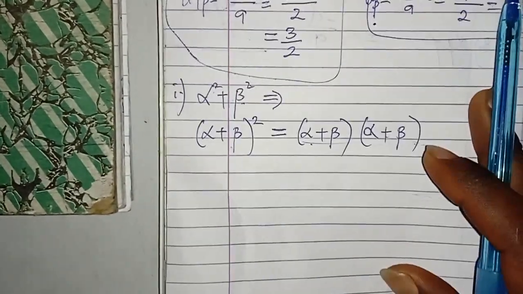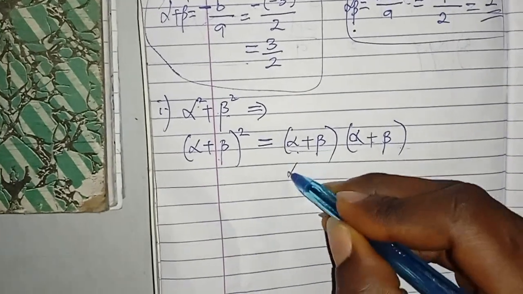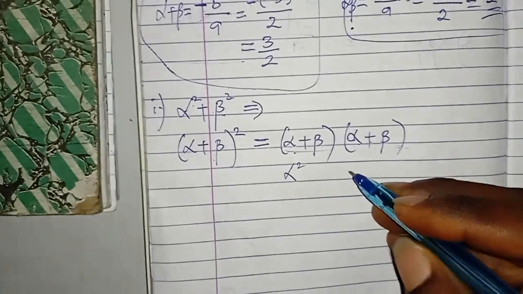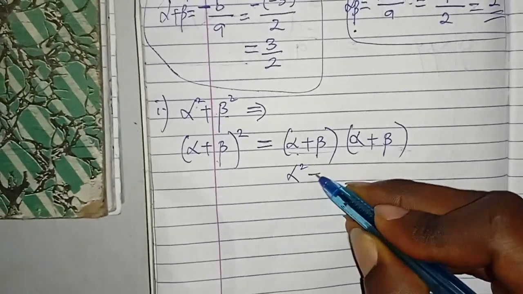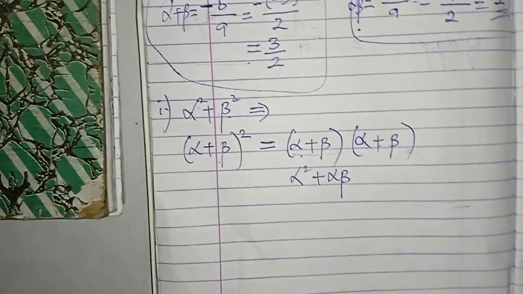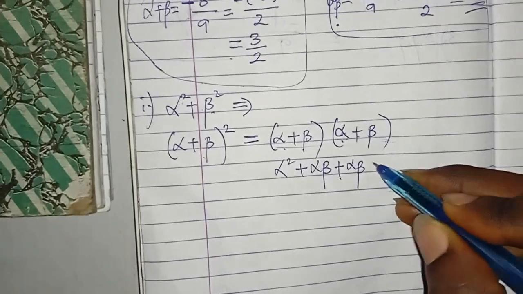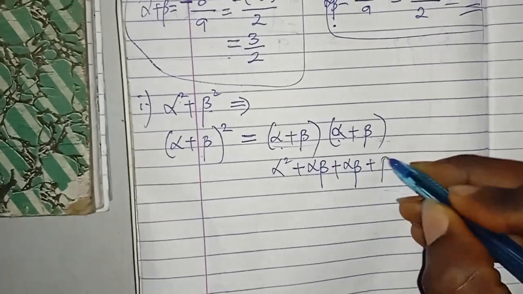So with that said, I will now do alpha times alpha is alpha square. Alpha times beta is alpha beta. Then alpha beta times alpha is alpha beta. Then beta times beta is beta square.